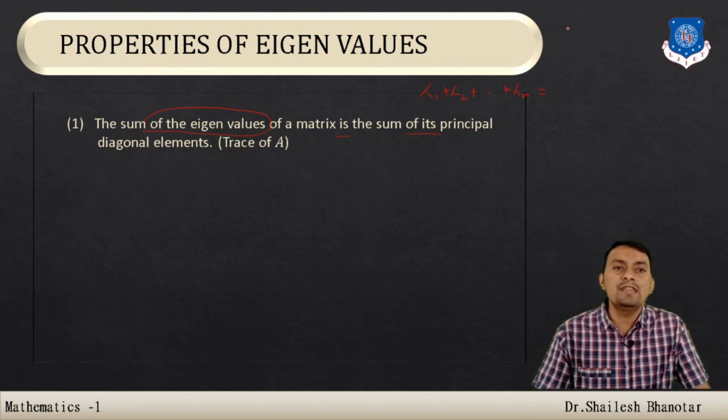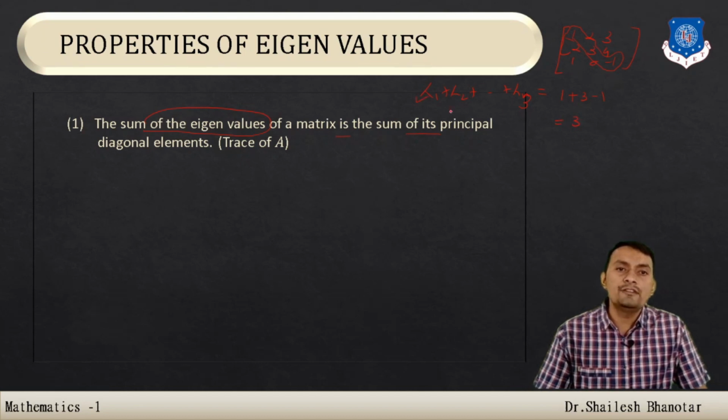For example, if the matrix A of order 3 by 3 is 1 2 3, 2 3 4, 1 0 minus 1, then lambda 1 plus lambda 2 plus lambda 3 equals the sum of the principal diagonal, that is 1 plus 3 plus minus 1, which is 3.